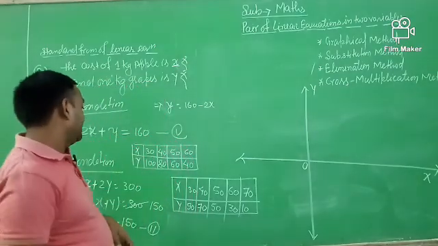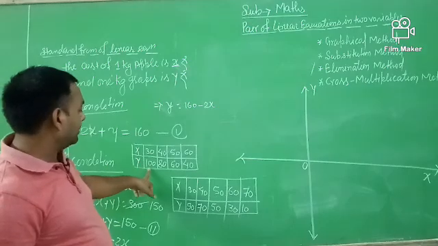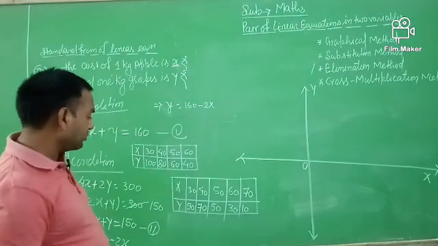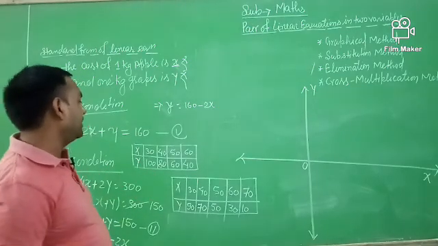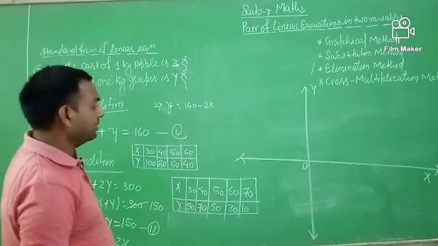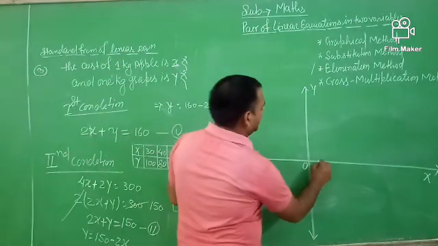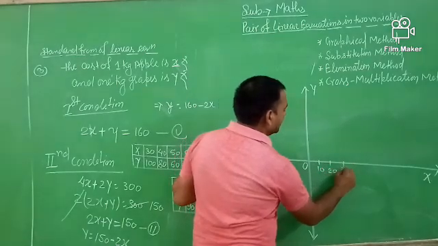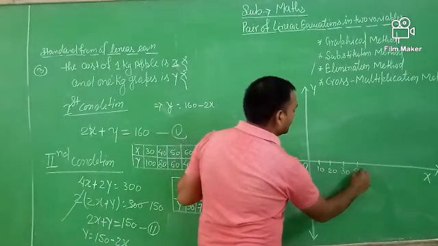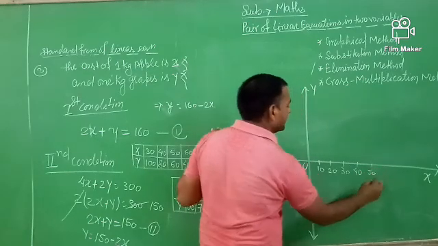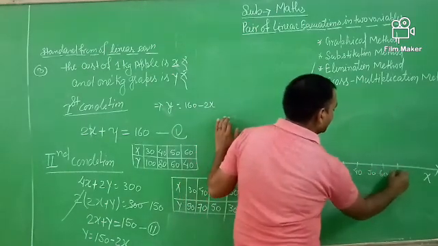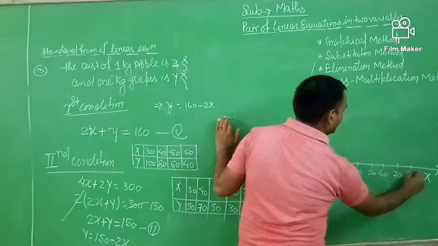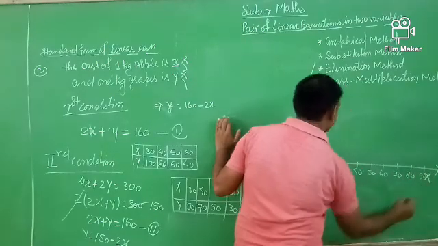The maximum value of y is 100, and the highest value of x is equal to 70. So I take 10, 20, 30, 40, 50, 60, 70, 80 and 90.